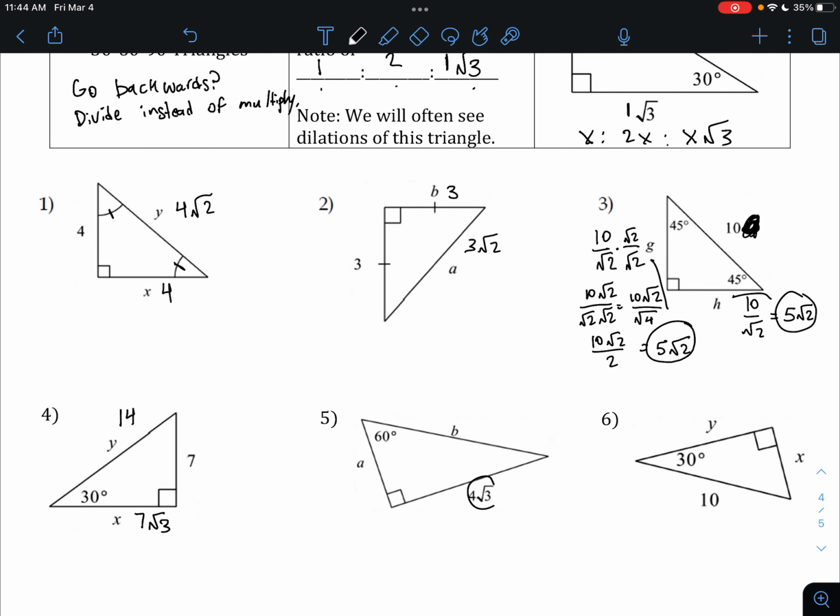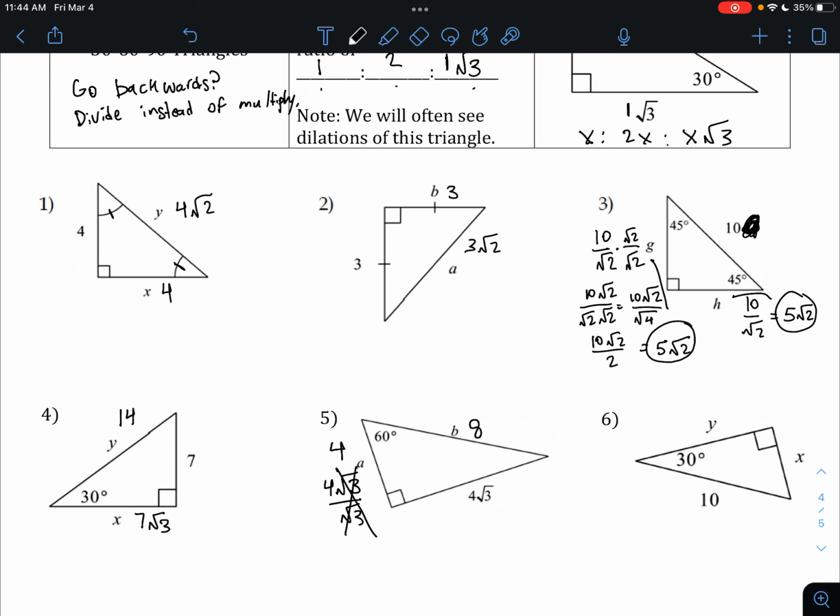My long leg is 4 square roots of 3. So my short leg should be 4 square roots of 3 divided by the square root of 3. And those things cancel, so I'm just left with 4. Now that I have my short leg, I can multiply by 2 to get my hypotenuse, and that would be 8.